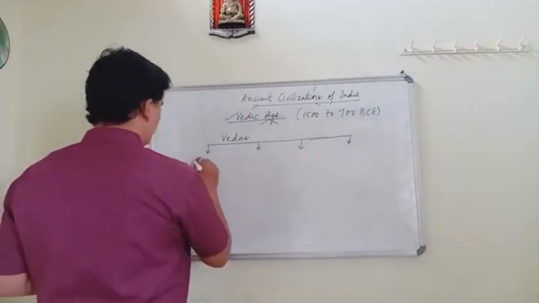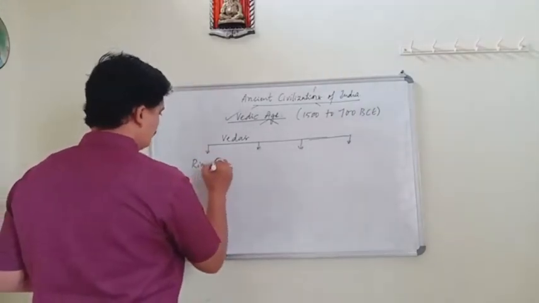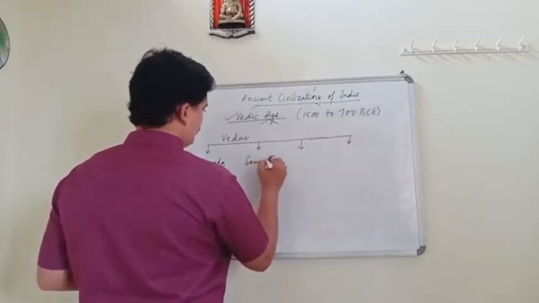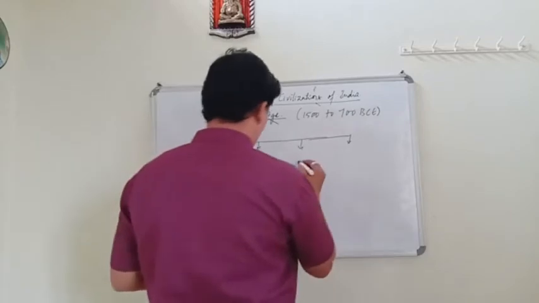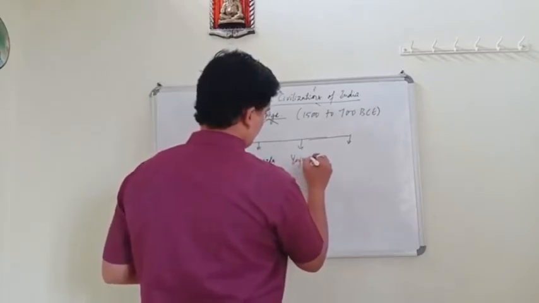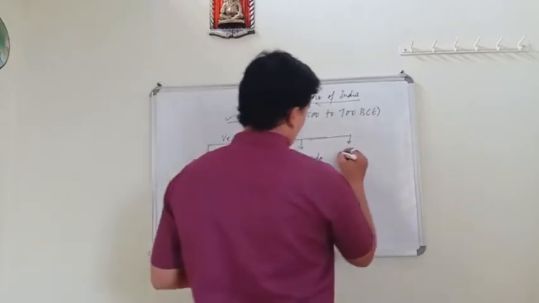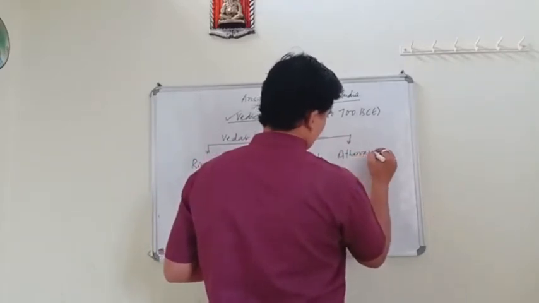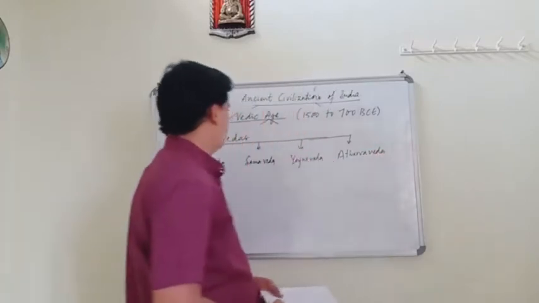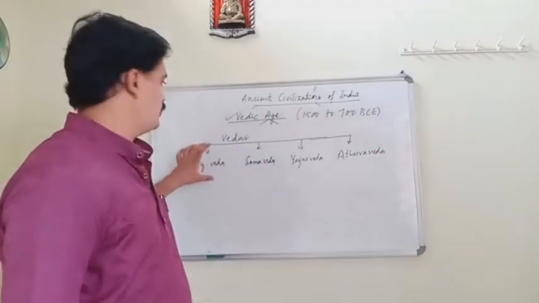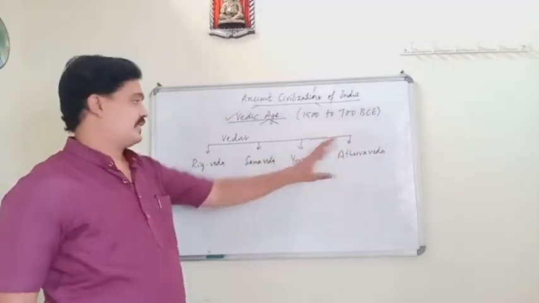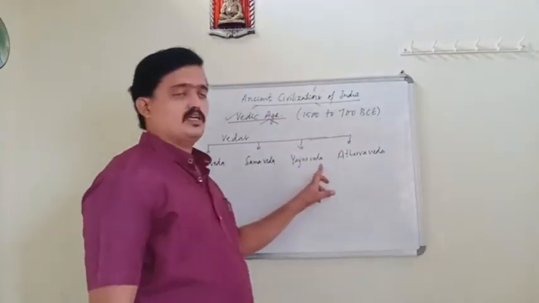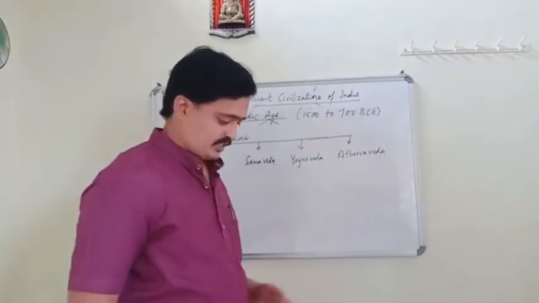One is Rigveda, another is Sama Veda, the third is Yajur Veda, and the last one is Atharva Veda.